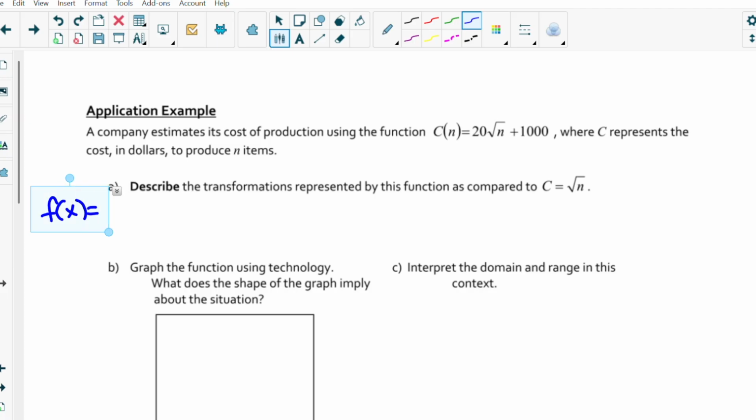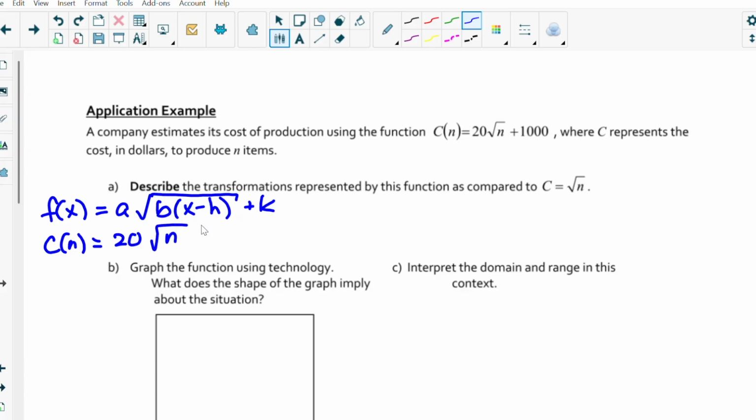The general form transformation model for radicals: a times square root of b times x minus h plus k. C of n equals 20 times the square root of n plus 1,000. So we line them up. A equals 20.